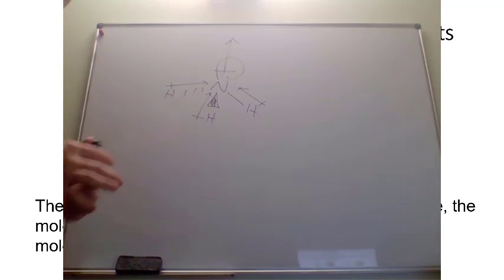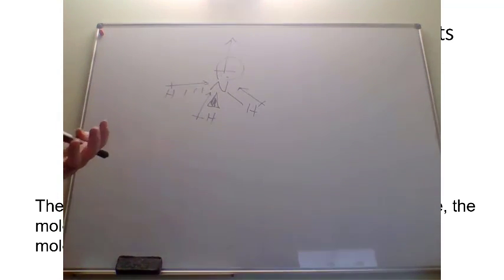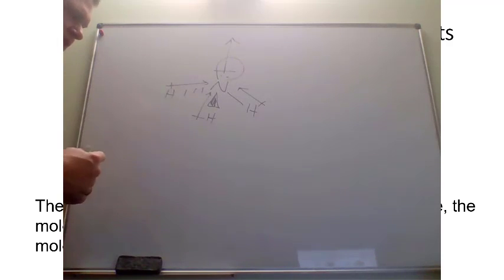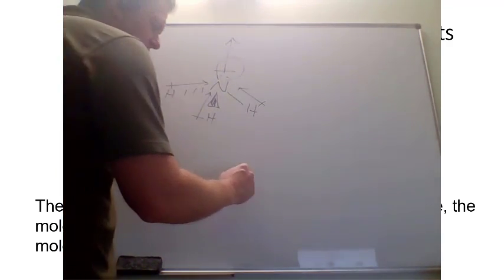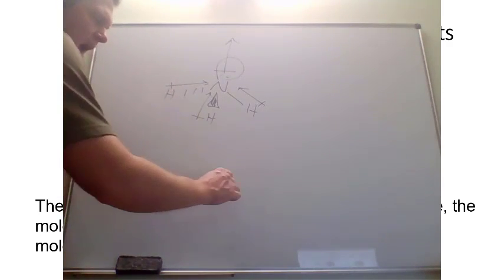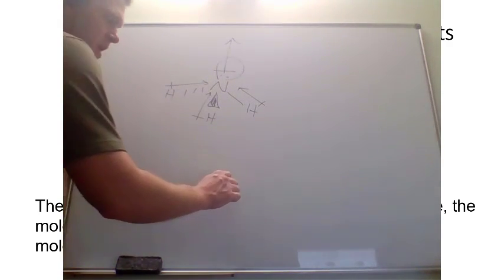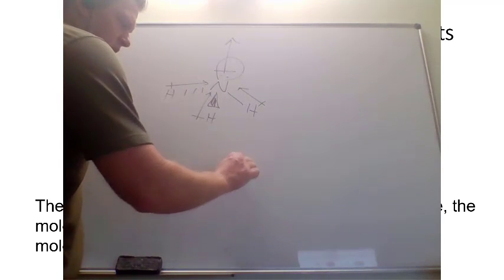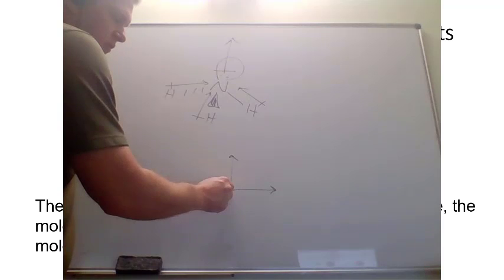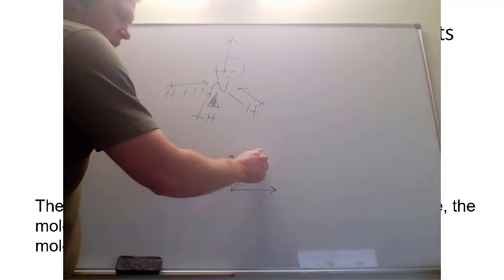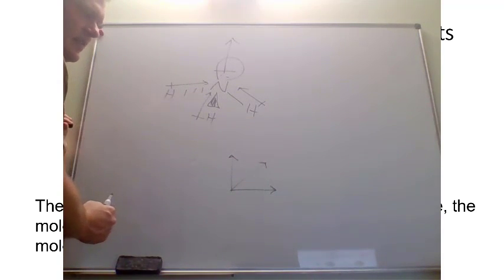Okay, so if you have experience with physics, you will know how to sum vectors together. So just a quick review of vectors. Vectors have magnitude and direction. So if you have a vector going upwards and a vector going to the side, if you add these two vectors together, you're going to have a net vector that goes into the middle.